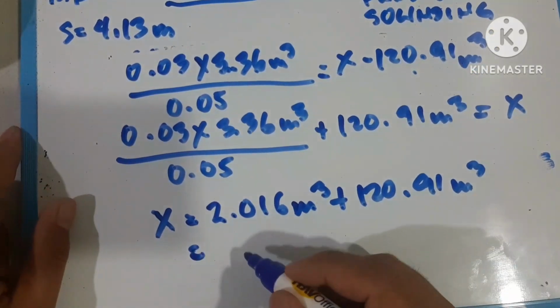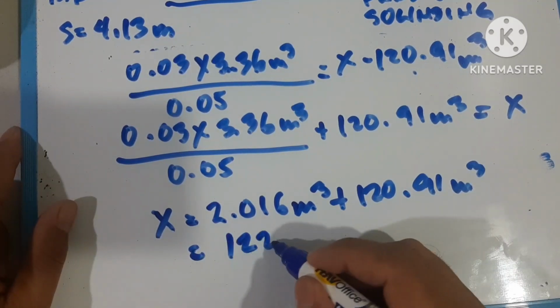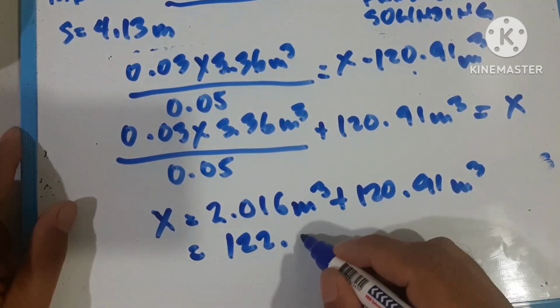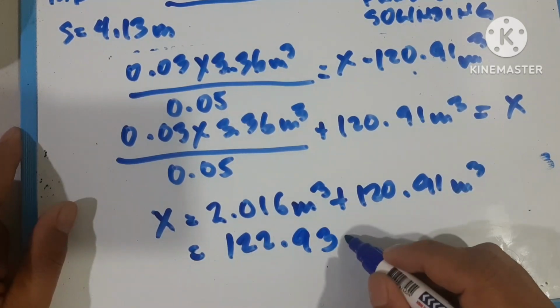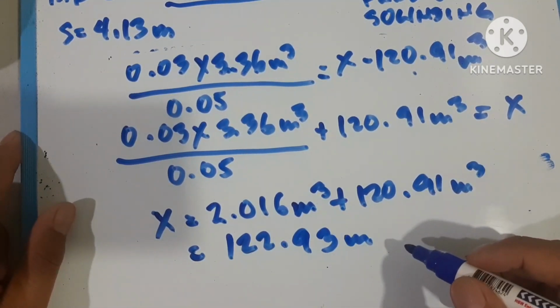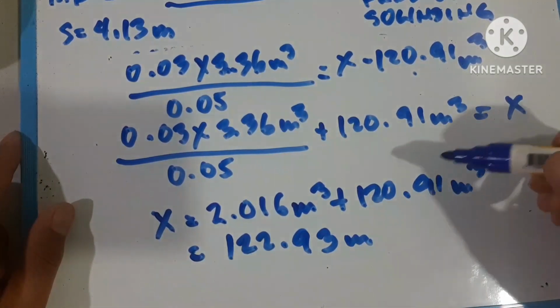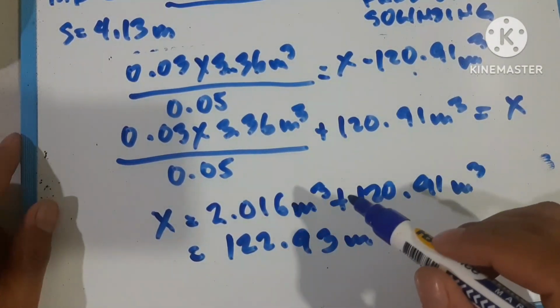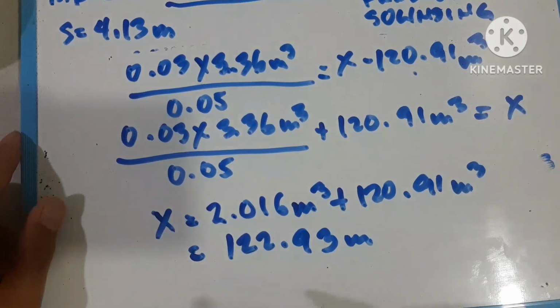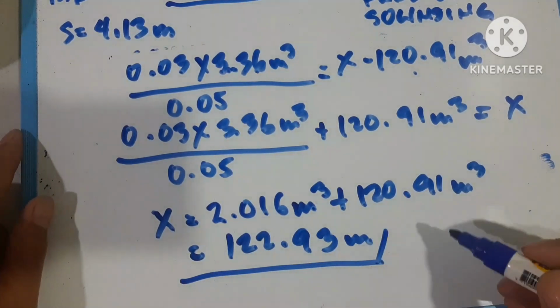And you will have 122.93 cubic meter. So this value is in the middle of those values written before in the sounding table. You can check. So this is now the value of your x.